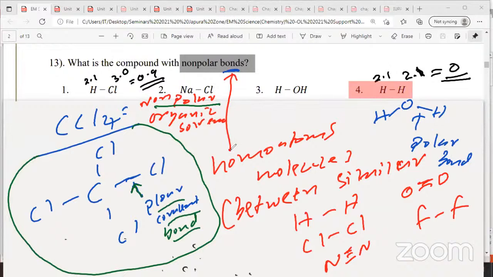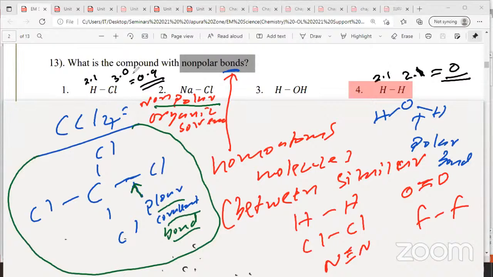Or the alternative method: if the electronegativity difference is 0, non-polar bond. If the electronegativity difference is more than 0, it's a polar covalent bond. Please copy down both these. Electronegativity difference between the atoms 0, non-polar covalent. If electronegativity difference more than 0, polar covalent bond.